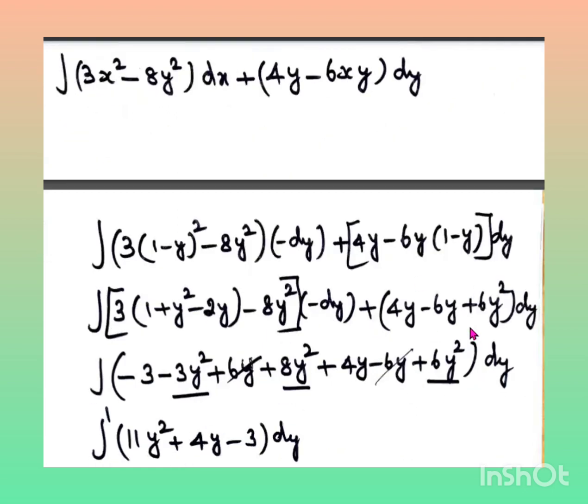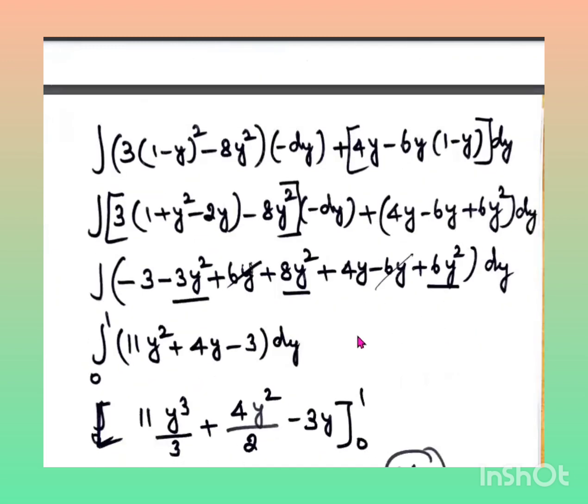So you have to expand and multiply. You will get 3 into (1 minus y) whole square; a minus b whole square is a square plus b square minus 2ab. So 3 into (1 plus y square minus 2y) minus 8y square into minus dy, plus 4y minus 6y into (1 minus y). Minus 6y into 1 is minus 6y, and minus 6y into minus y will become plus 6y square, into dy.